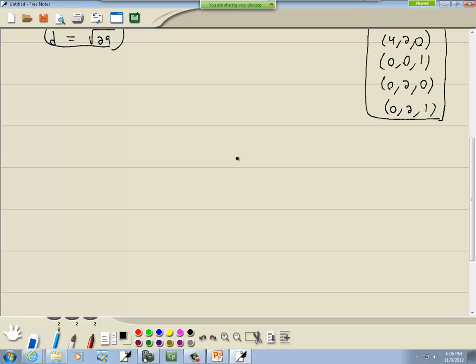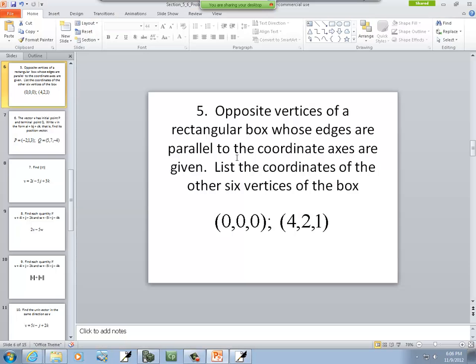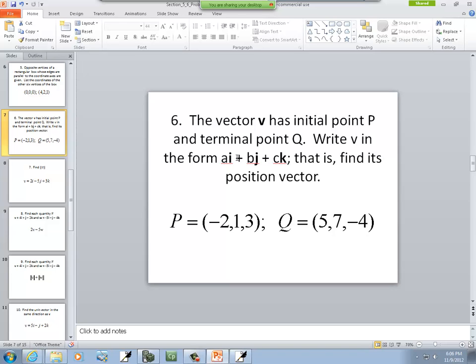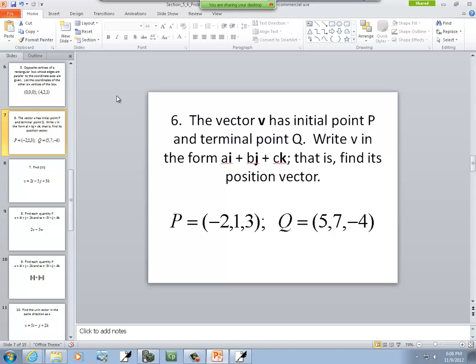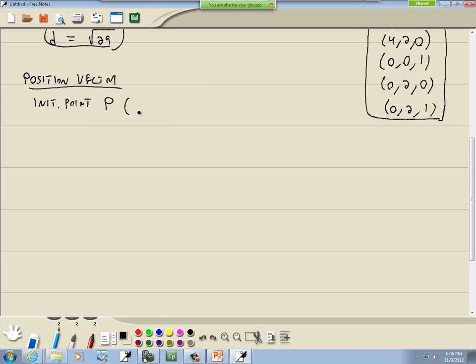Now the next one talks about the position vector. And I'll go ahead and write down the formula for it. But it says we have initial point and terminal point. So, position vector. We have our initial point, which is P. And that'll be x1, y1, z1.